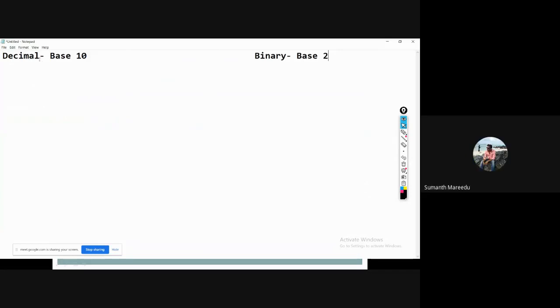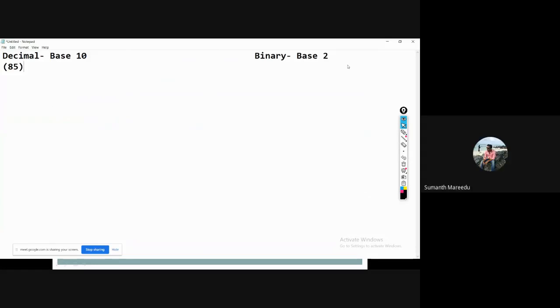Now we'll see how numbers are represented in decimal and binary. Suppose I say number 230, no, don't take that big a number, I'll take 85. If I have a number like 85, is this base 10 or base 2? Base 10.